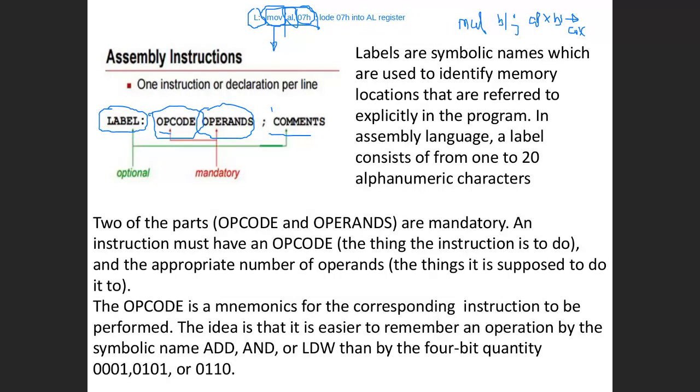So after this instruction, AL will be 07H. Sometimes you can put a comment in a line using a semicolon. It's up to you, but it is not a big issue, and it is not part of the program.